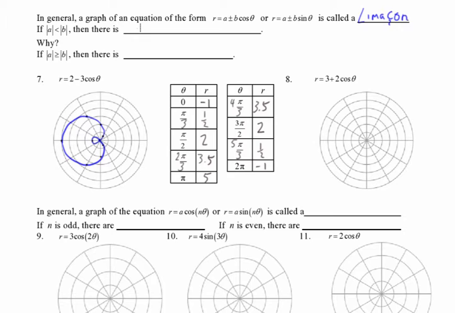So it says there is an inner loop. If the absolute value of A is greater than B, that means this B cosine can never make it bigger than A, so that means it's always going to be positive. There is no loop.